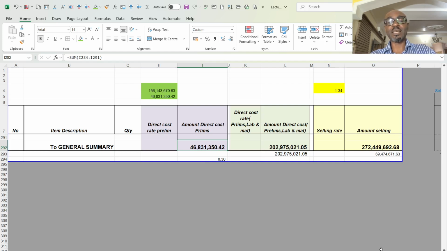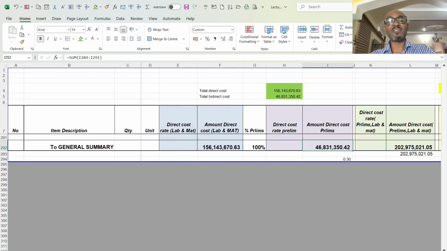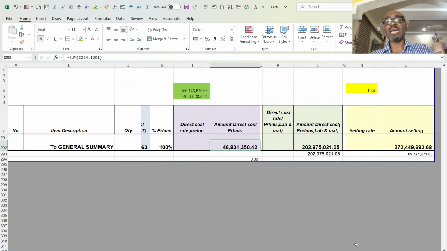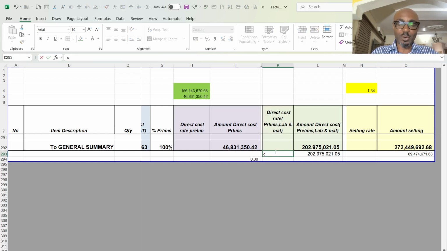46,831,000, and I have my 56,143,000. I add them together here, it gives me 202,975,000. So for me to check, most often you should always find a way to put a control.